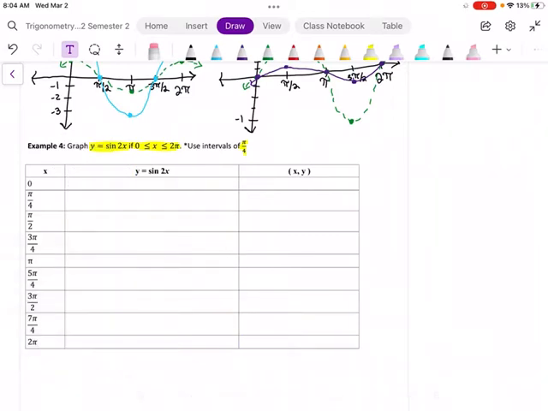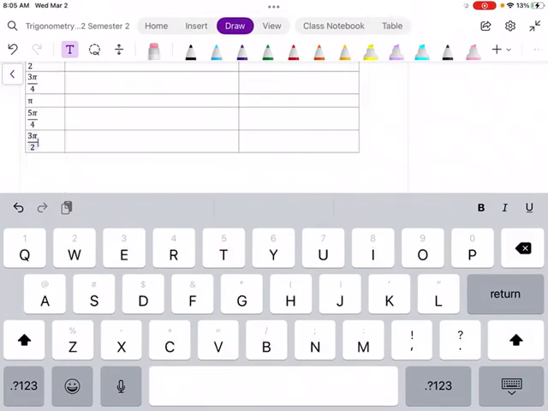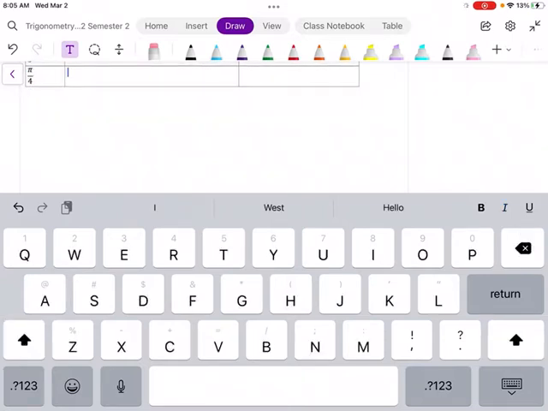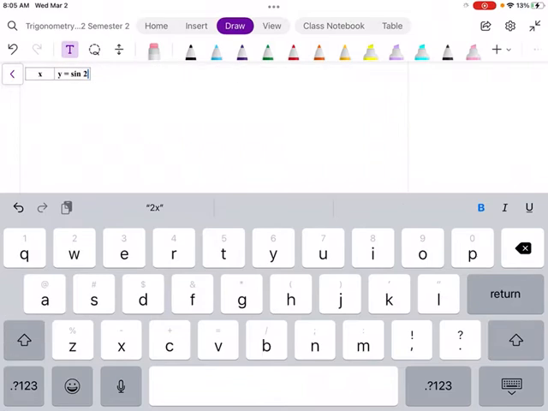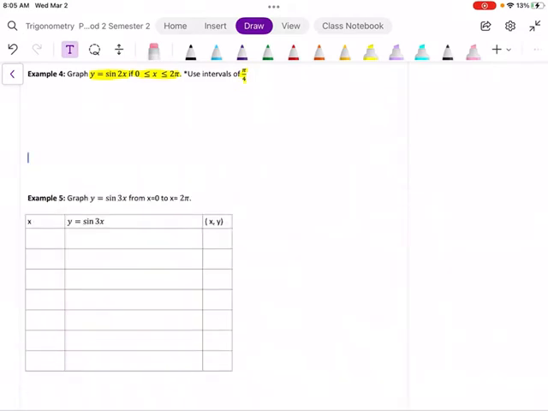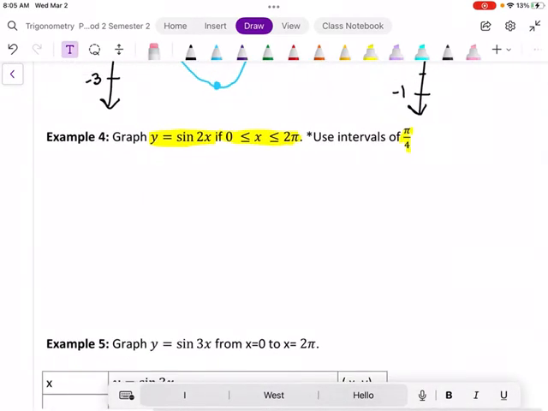Just trying to see if I can delete this table. There we go. And you can just cross it off on the paper notes. This is just going to save us some time by not having to do that. Okay, perfect. So we're going to graph this on the interval of pi over 4.